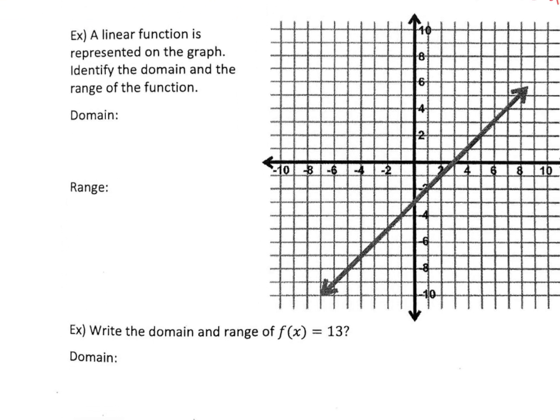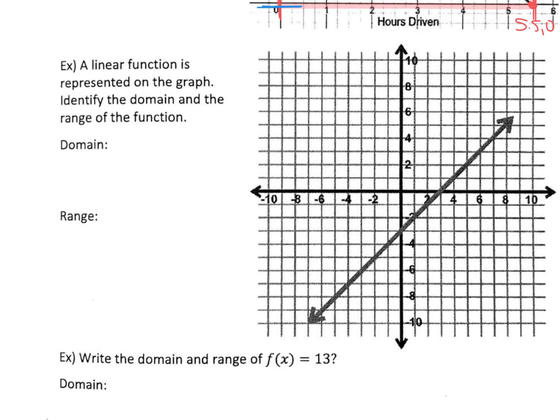All right, two more examples. And this one has arrows. So let's talk about what those arrows mean. We are not going to be able to draw a box here. These arrows mean that we are going to continue on infinitely in both directions. So I don't have a leftmost.